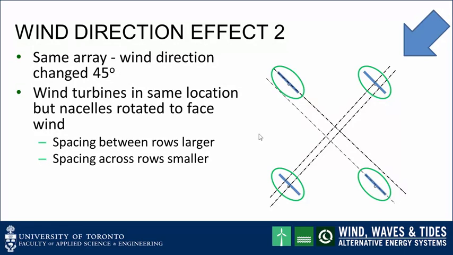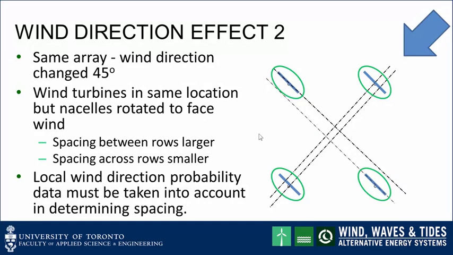It may be that the wind direction probability for some directions is low enough that the array efficiency for that direction can be compromised without significant impact on the overall annual energy output, but in cases where the wind has a good probability of blowing from many directions, the lateral spacing between wind turbines will need to be much larger than the 3D spacing that gives us a good efficiency in the previous table. The bottom line is that local wind direction probability data must be taken into account in determining spacing.